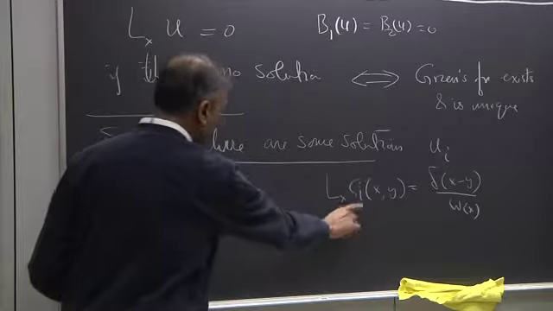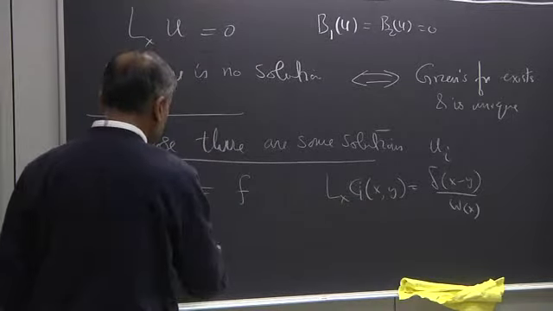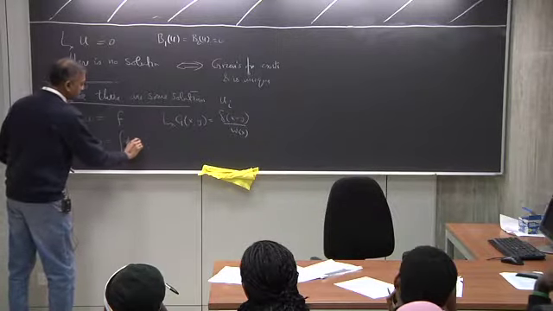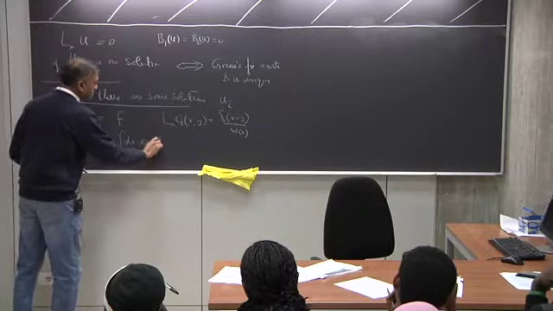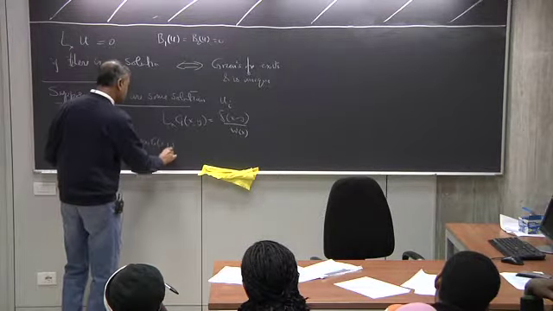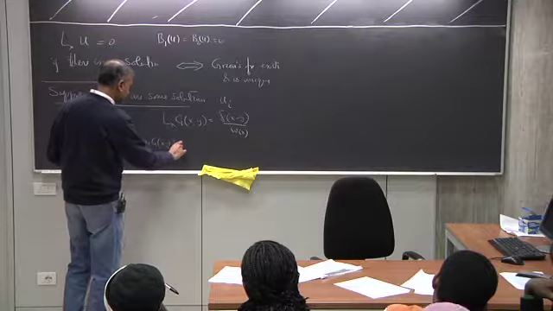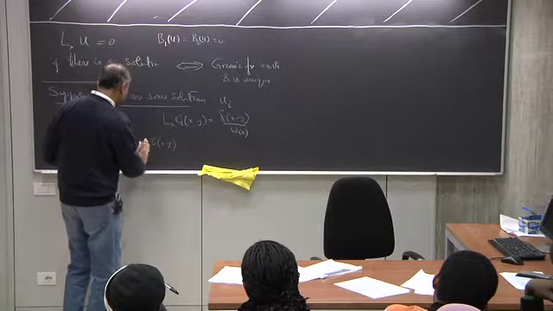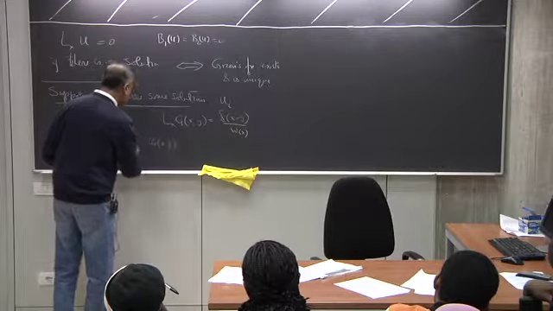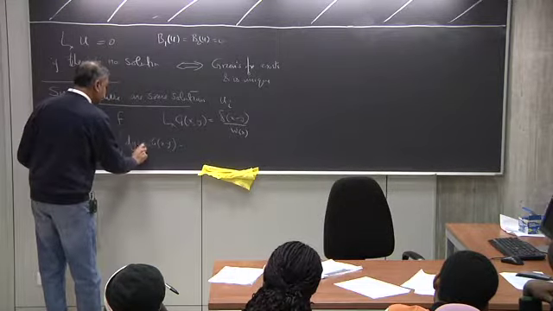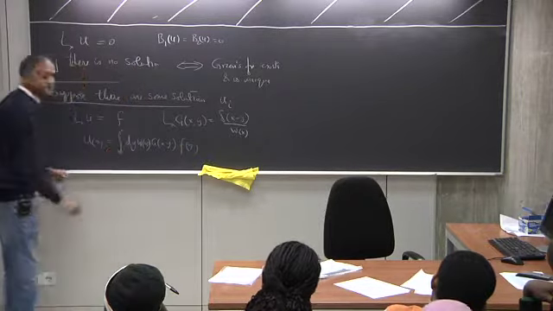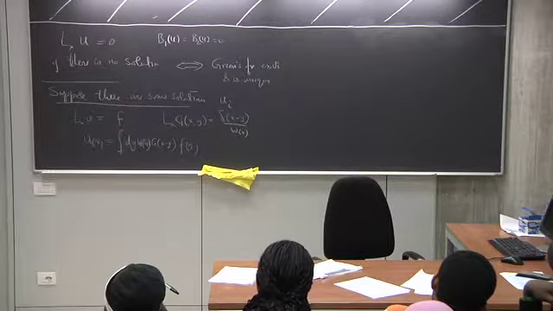Once I find the Green's function, a solution to this equation is simply the integral dy w(y) g(x,y) f(y), right? This solves the equation. So that is the purpose of the Green's function.